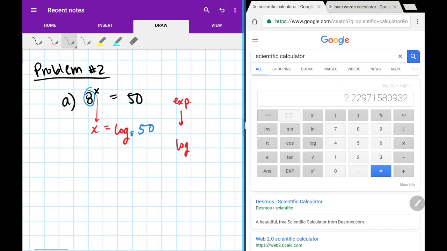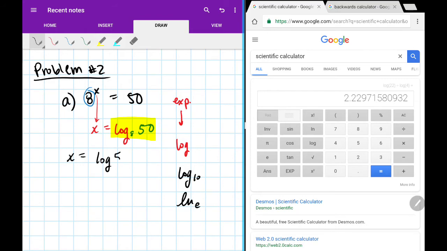Hey, this is another part where we have to use the change of base formula. Log base 8 of 50 is not something we can type into our calculator. Again, our calculator only does log with base 10 or natural log with base e. So our next step is to apply the change of base formula.